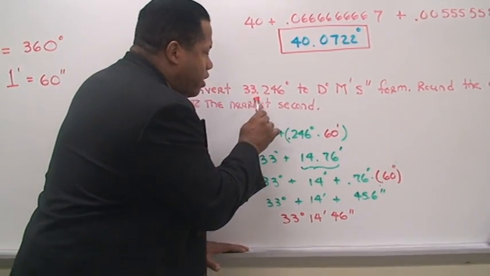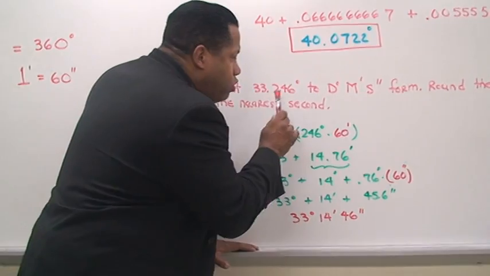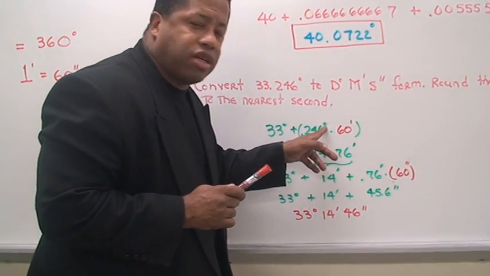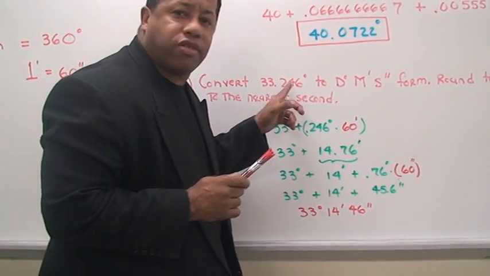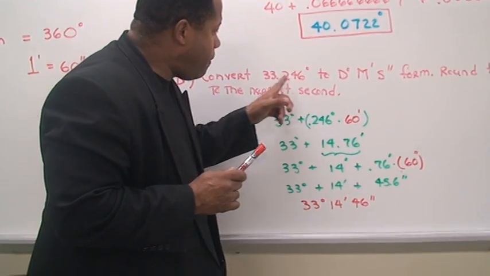So 33 degrees, that's as a whole number, plus 0.246. Now this is in degrees because it is part of the whole decimal number.